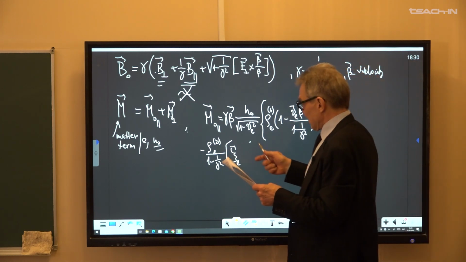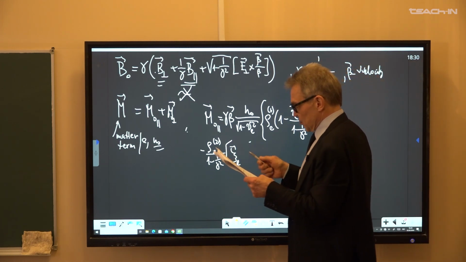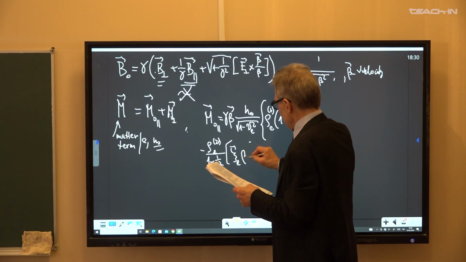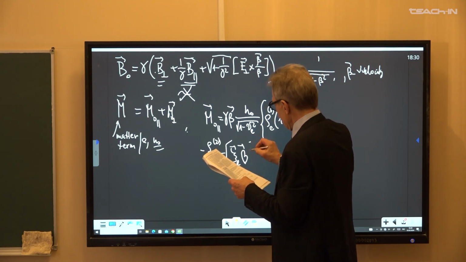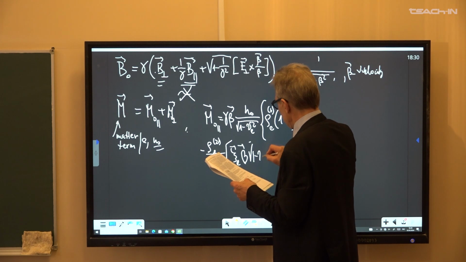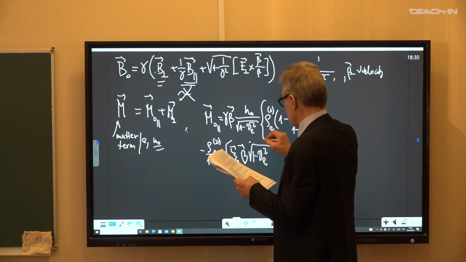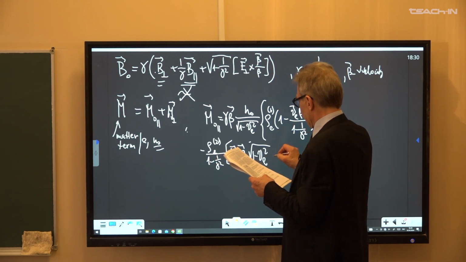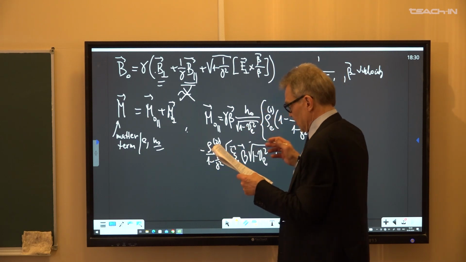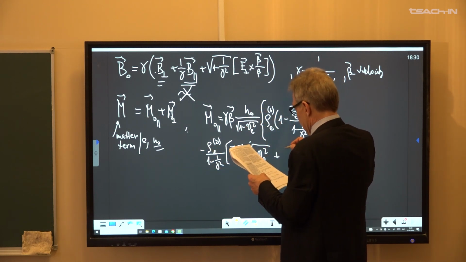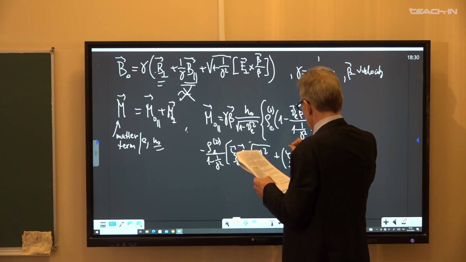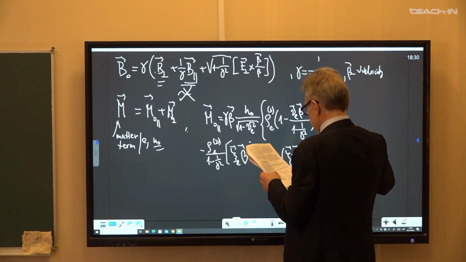For us it's not important, but I would like to put it here for completeness. This again is the speed of the neutrino, this is 1 minus the speed of the electron squared over the electrons, classical as a tank, as a carriage of electrons, plus the polarization of matter multiplied by the speed of matter.